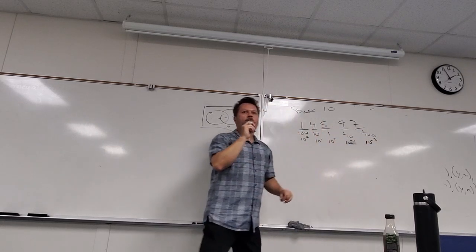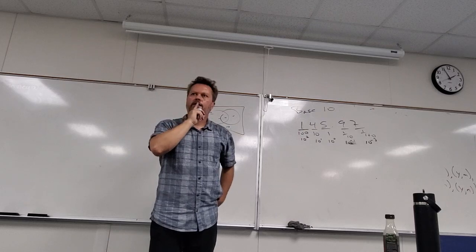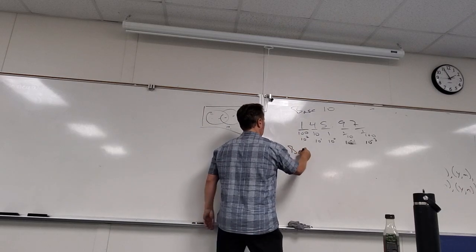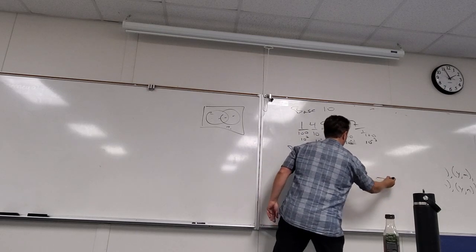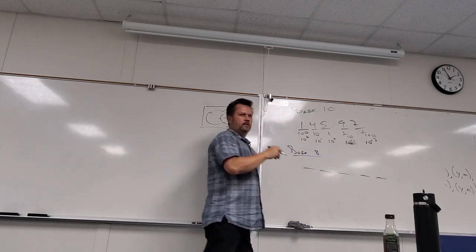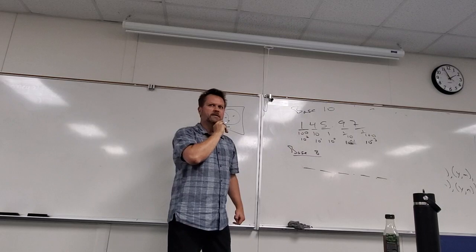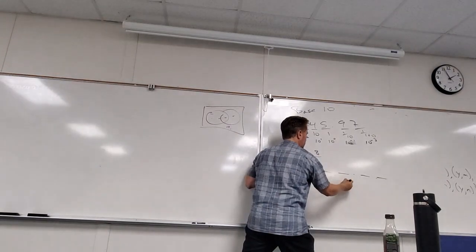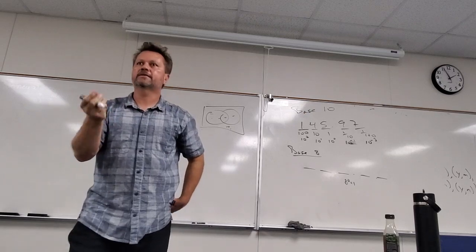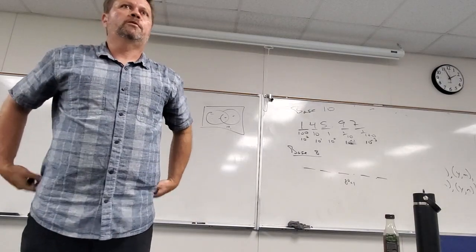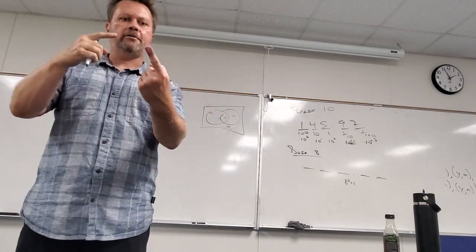So, what would base 8 look like? It's the same idea. So let's start here. This would be the ones. This is 8 to the 0. That's the ones place. That's always the ones place. Thank the gods, right? We have to have a ones place. Because how do I start counting? 1, 2.